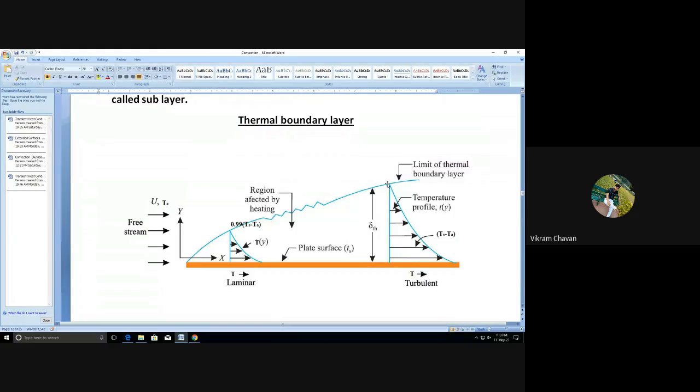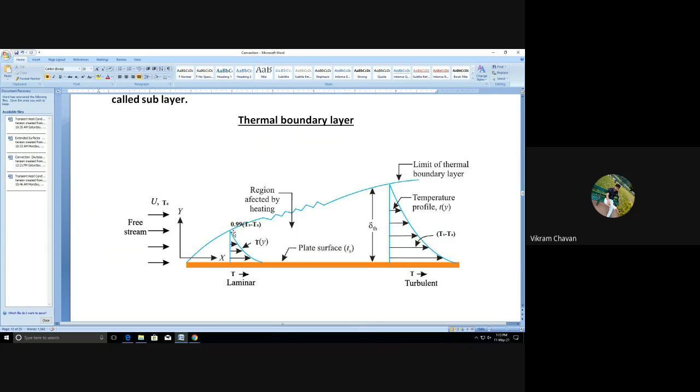If you draw the curve joining all such points where we get the temperature difference equal to 99% of the initial temperature difference, then we get one region below that curve where we are getting the temperature profiles.